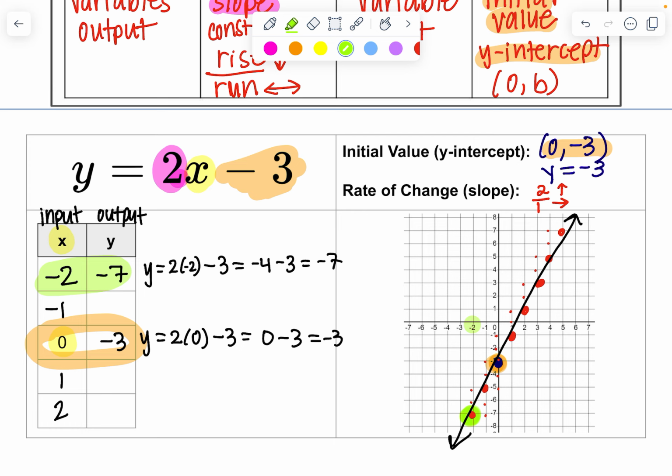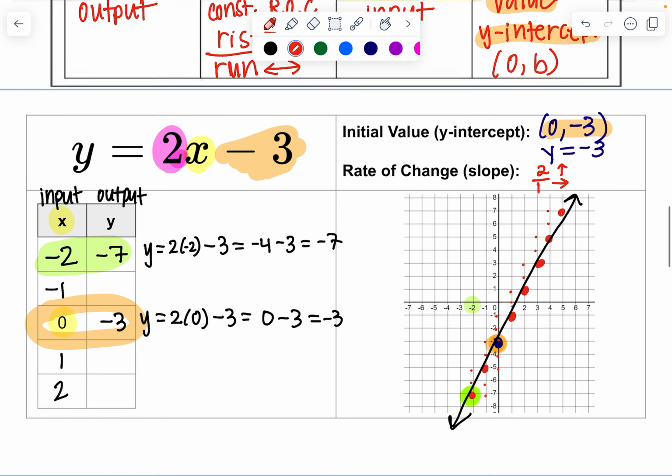Now you could make a prediction. We could plug in -1, but look between the 0, -3 and -2, -7, the green and the orange dots. What is my output going to be based on the graph at -1? What is the y value for my graph when x is -1?